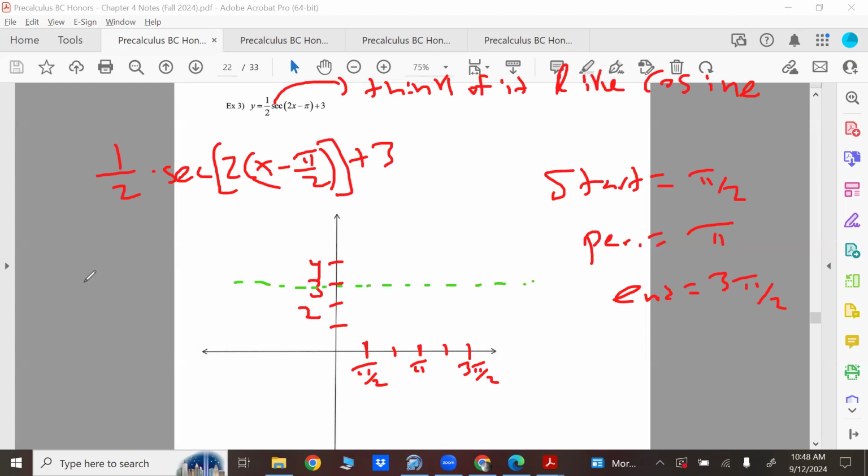All right. Now, I'm going to start it. It's like a cosine graph, right? That's what I said. Think about cosine for now.